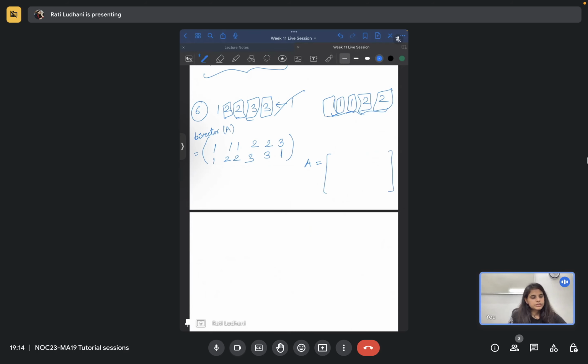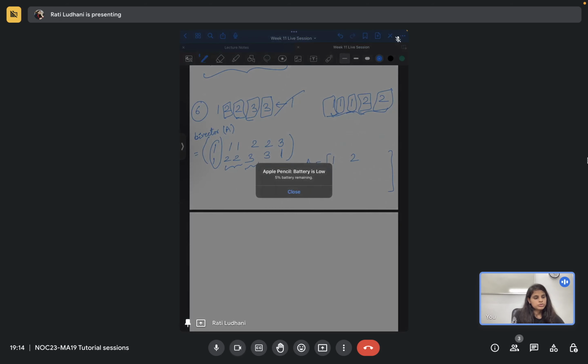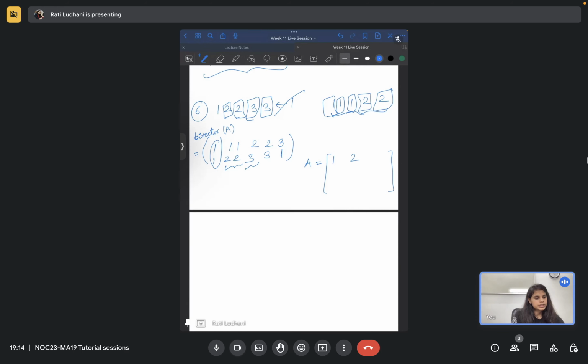First entry: A11 is just, and it is repeated once, so that is 1. First row, second column, that is 2, 2. And 2 3: second row, third column, that is 1.